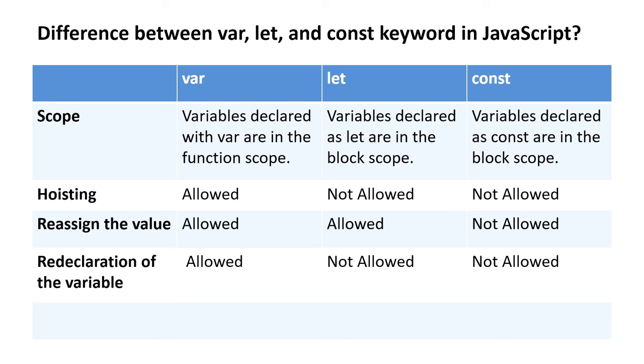Hoisting is allowed in var but not allowed in let and const. Reassigning a value is allowed in var and let but not applicable in const. Redeclaring a variable is allowed in var but not allowed in let and const.